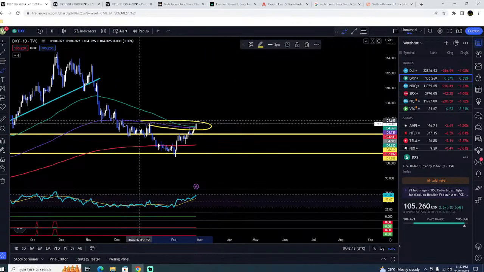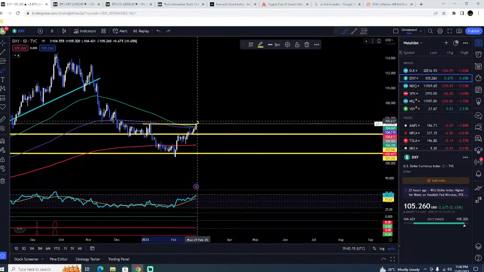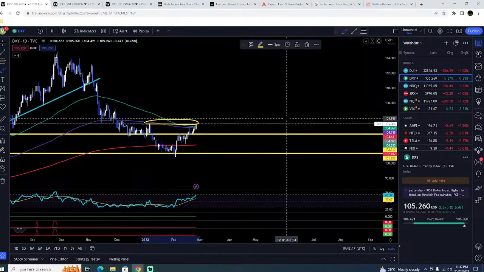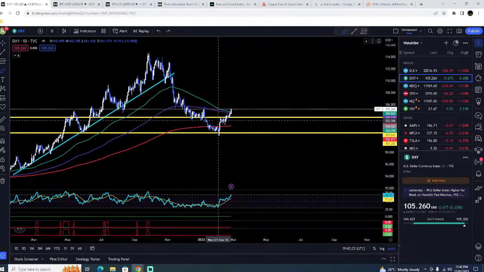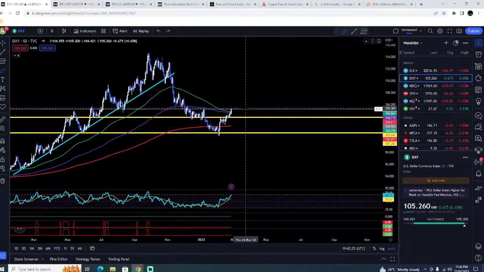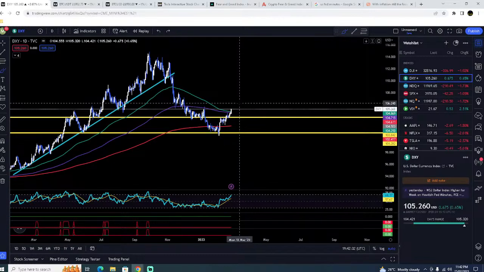Look at this double top that was forming. So yeah, rejection can happen anytime for the dollar index itself, and of course that will be very very good for the other markets. So this is the overall situation.